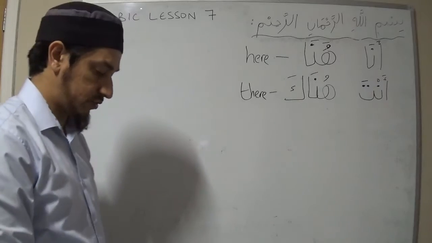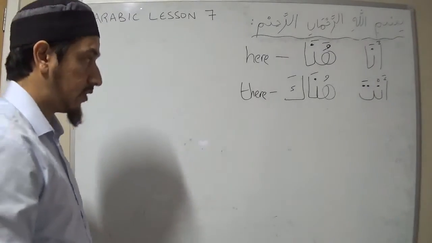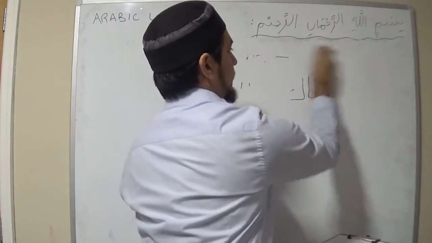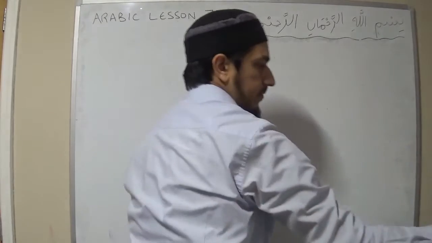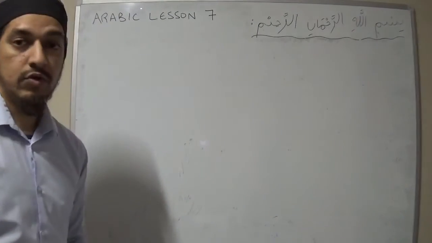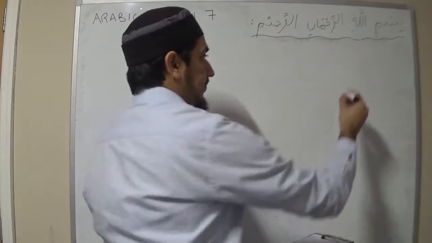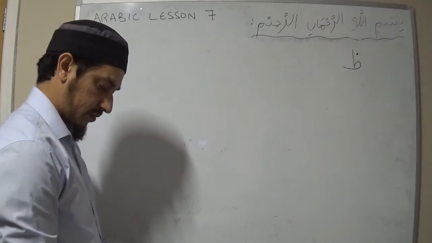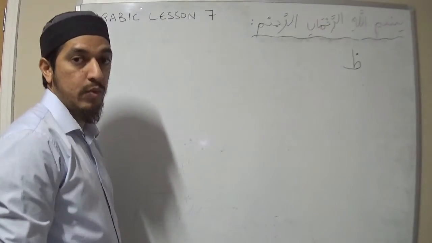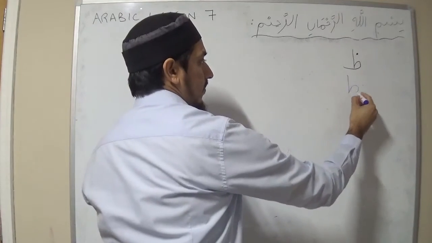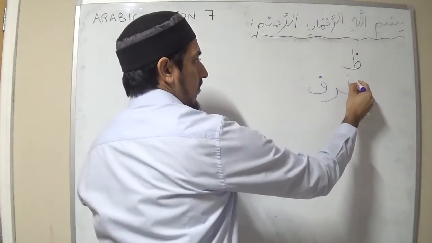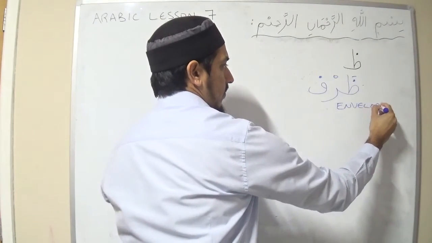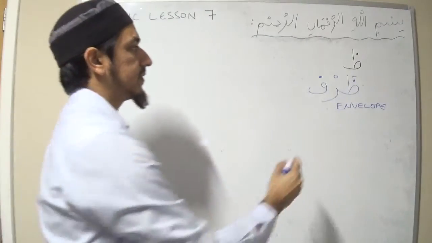Now we'll carry on to Dha. And Dha we just do it how we have done so far with previous lectures. So Dha, the beginning. We have Dharf, envelope.